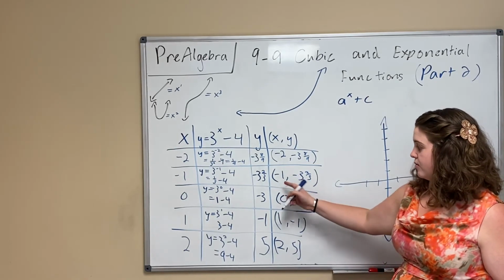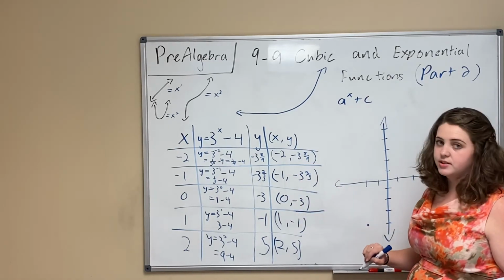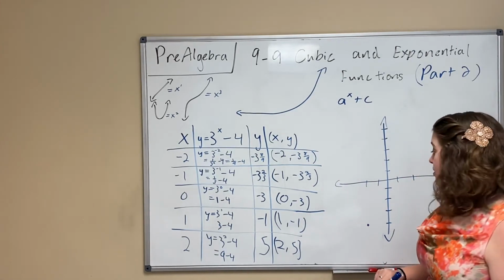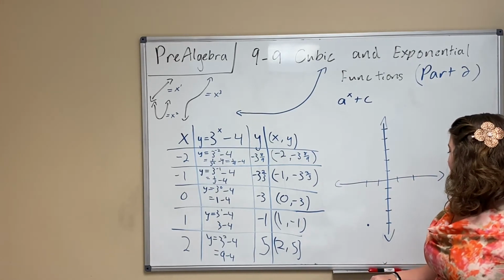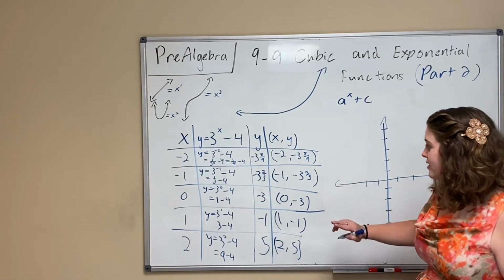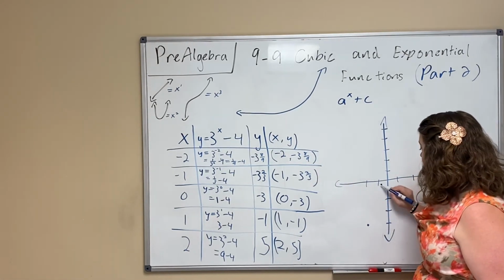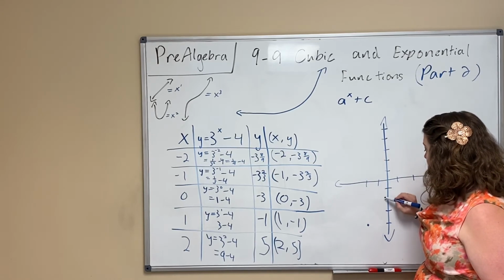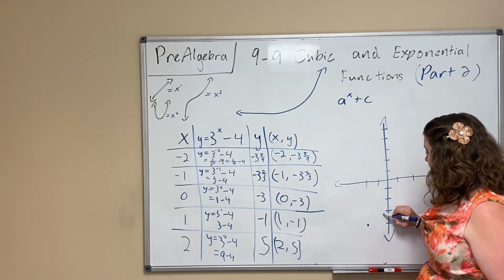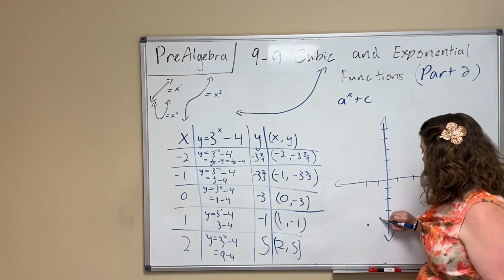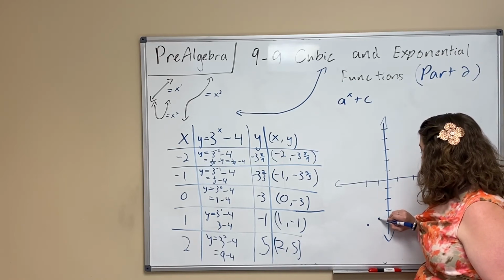Now when I see -1, -3 and 2/3, 2/3 is also almost 4, but it's not quite as close to 4 as this one was. So I'm going to go to -1, I'm going to go down to -3, and then I'm going to go 2/3 past that, about right there.